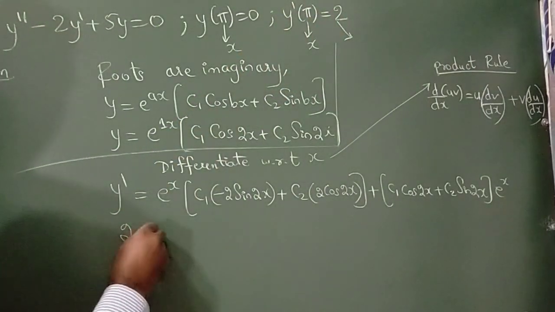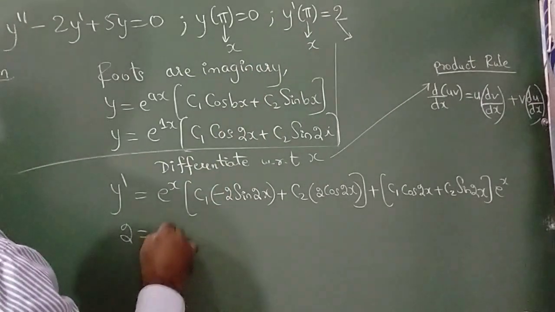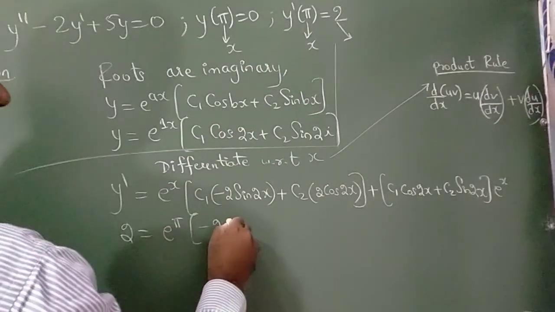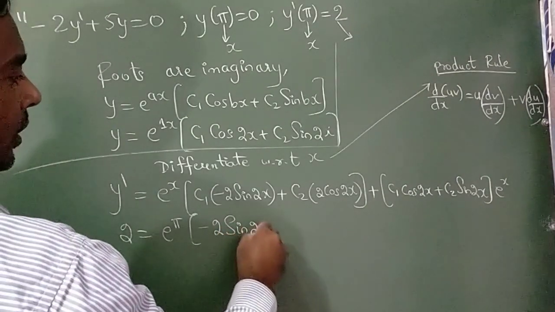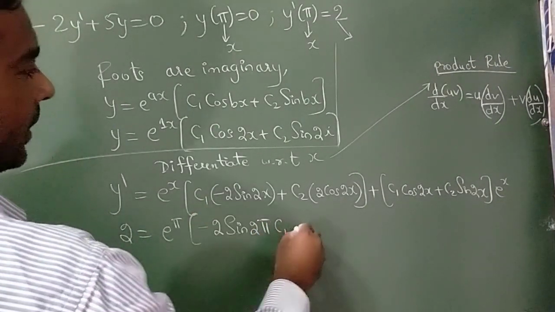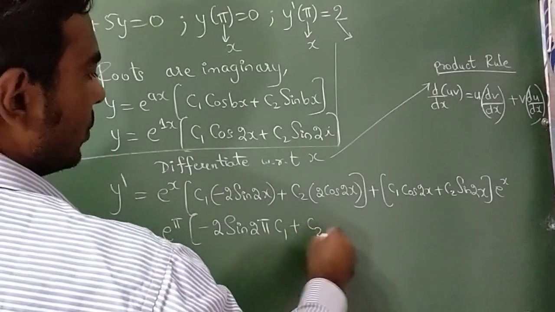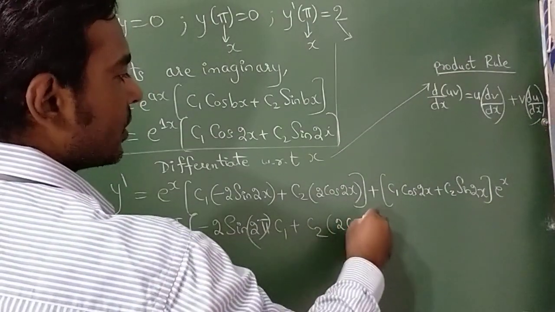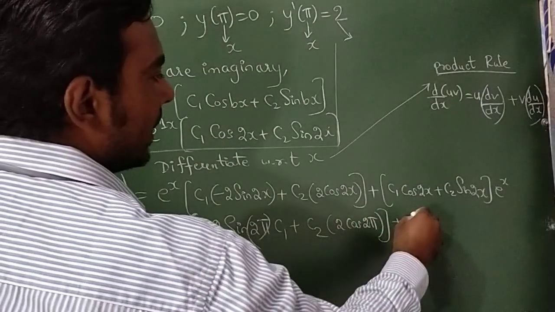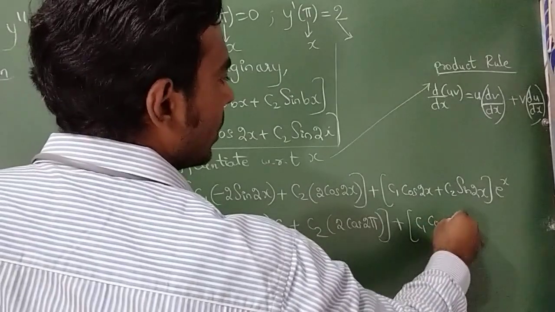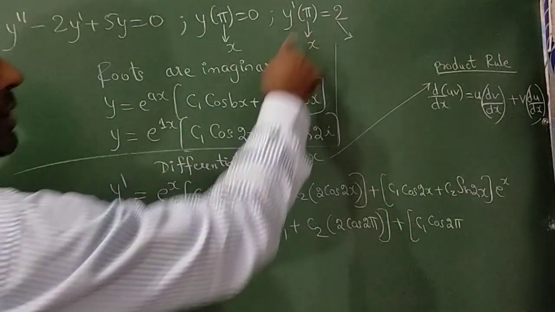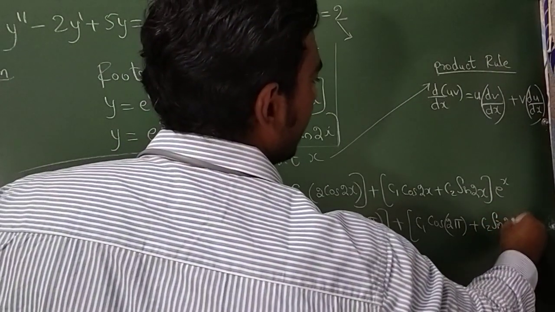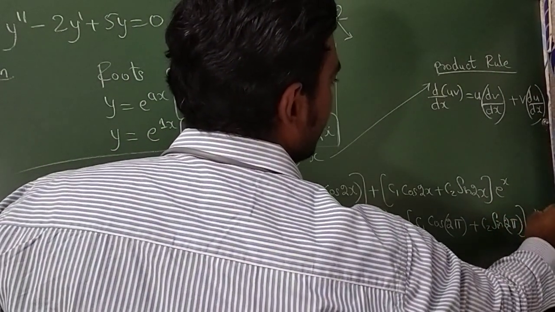Now substitute this. So this is your x value and this will be your y dash value. In place of x I must write pi, so e raised to pi times minus 2 sin 2 pi c1 plus c2 2 cos 2 pi, plus c1 cos 2 pi plus c2 sin 2 pi, and e raised to pi.